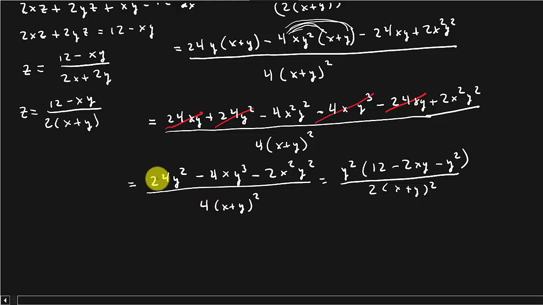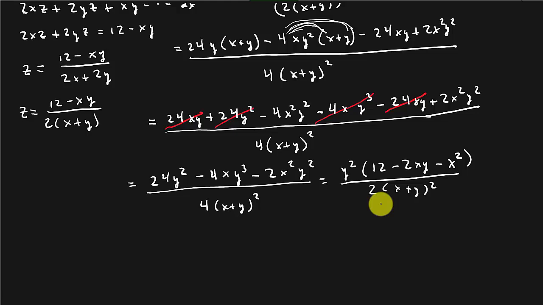So 2 goes into 4 and 24, that's where that comes from. Then I factored out a y squared, and when I factor out a y squared, that should have left me with x squared, not y squared. So there's your partial with respect to x.